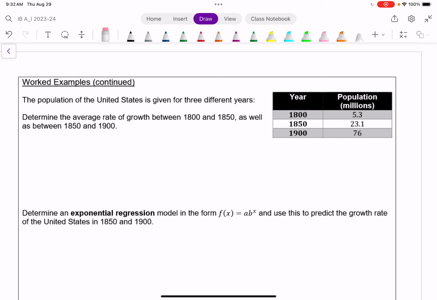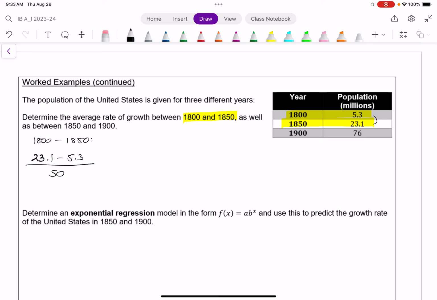So the average rate of growth between 1800 and 1850, I just want to find the slope between those 2 points. So from 1800 to 1850, the rise is going to be 23.1 minus 5.3, divided by 1850 minus 1800, so just 50 over 50 years.